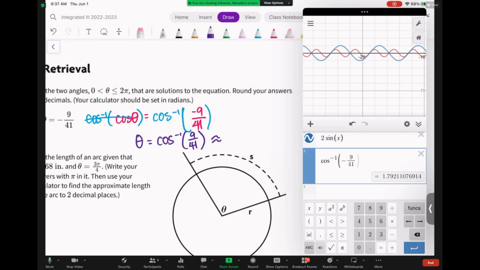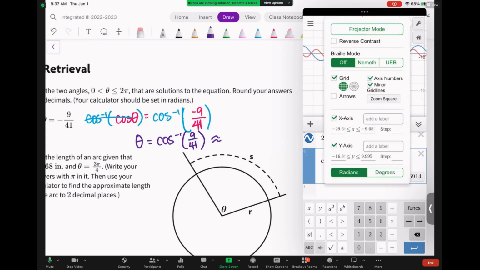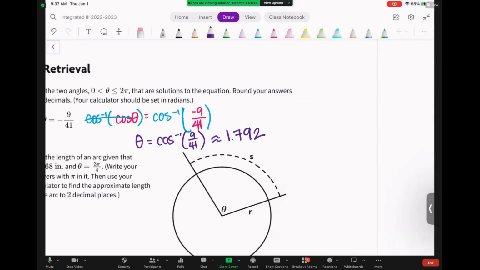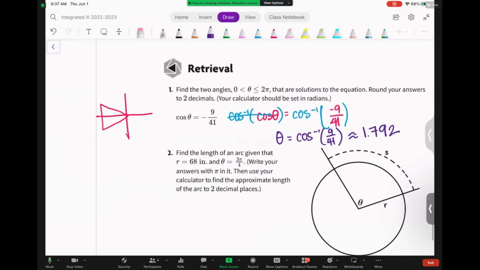Okay, so the answer is 1.792. They wanted my answer in radians, so I need to make sure the calculator is in radians. It is, so I get 1.792. Going back to my original drawing, there are actually two answers.